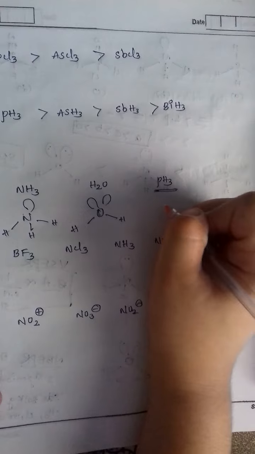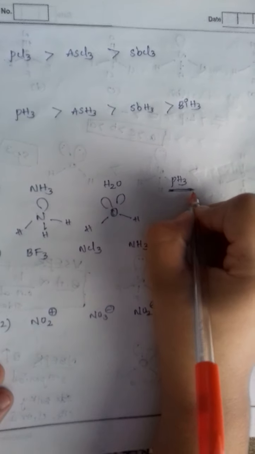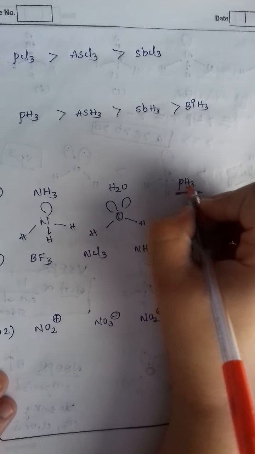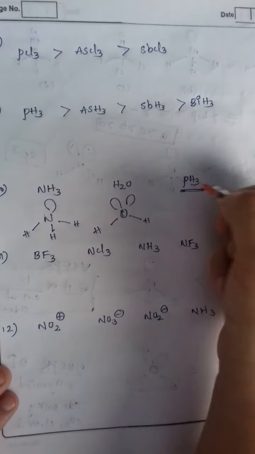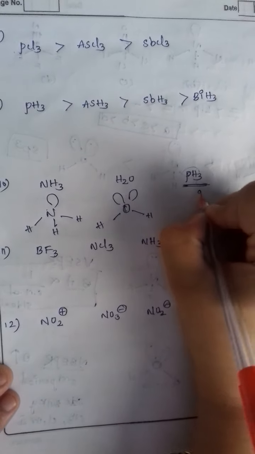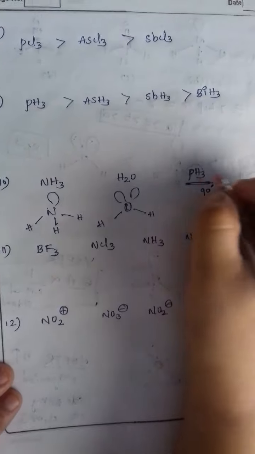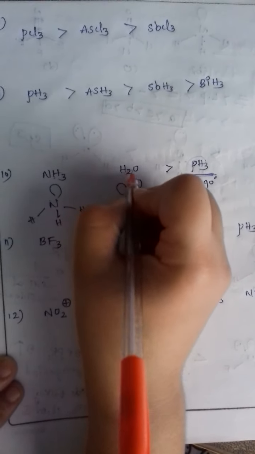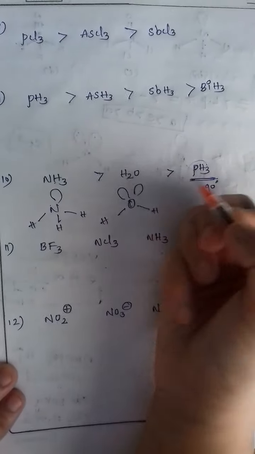If you know, it's better. If you don't know, just remember this is a Drago compound, because phosphorus is bigger in size and this hydrogen won't be able to hybridize with phosphorus orbitals. So their angle will be approximately 90 degrees, so these angles are less. And here is 1 lone pair and here there will be 2 lone pairs, so more repulsion. So this will be the order.